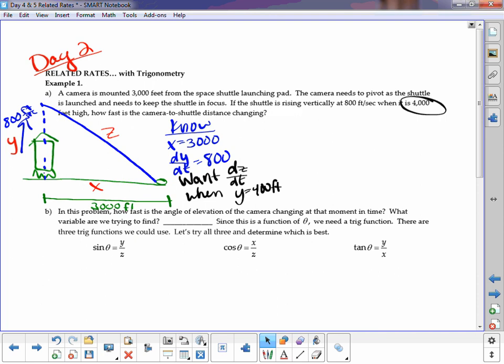What was your guys' equation you used? So x, y, z. Good, so our Pythagorean theorem. Okay, good, continue on.